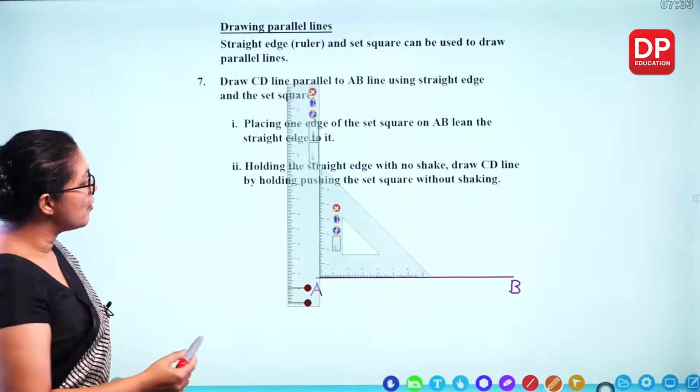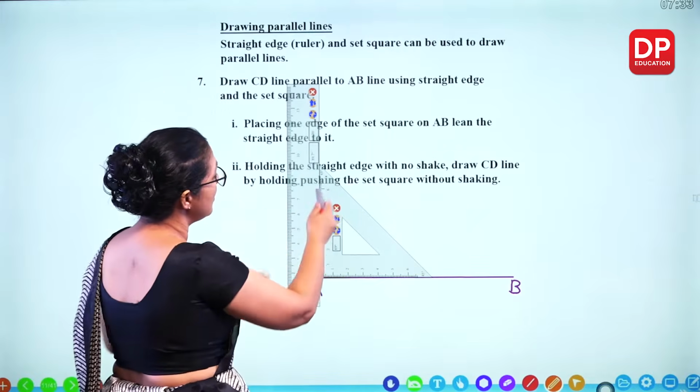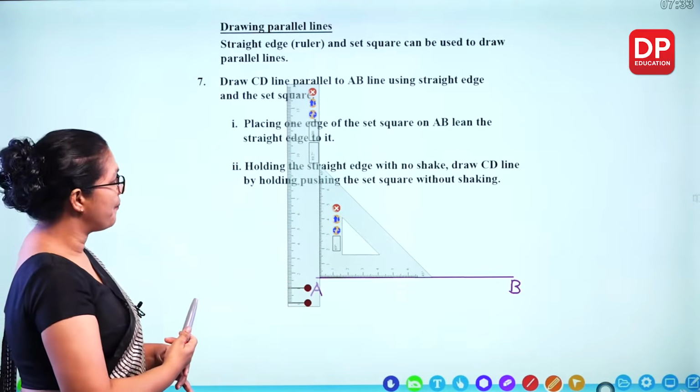So you can keep the ruler with the other edge of the set square.